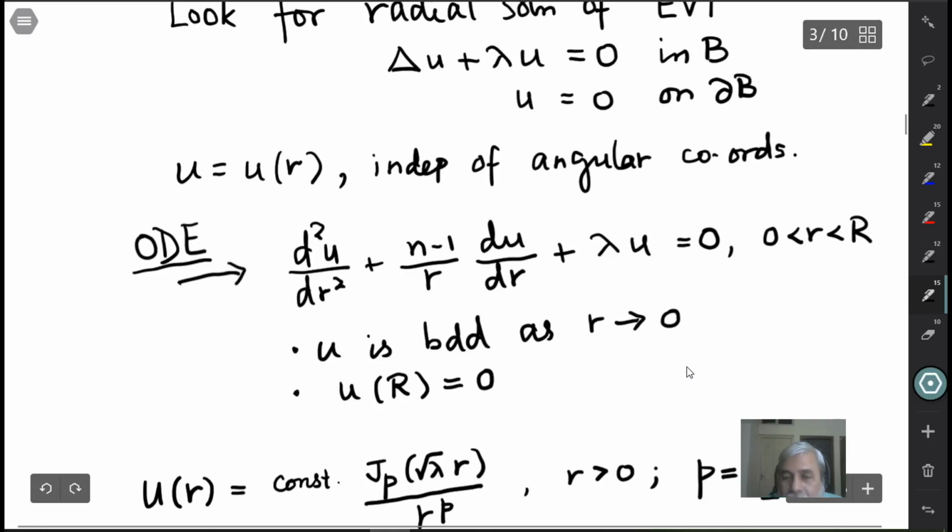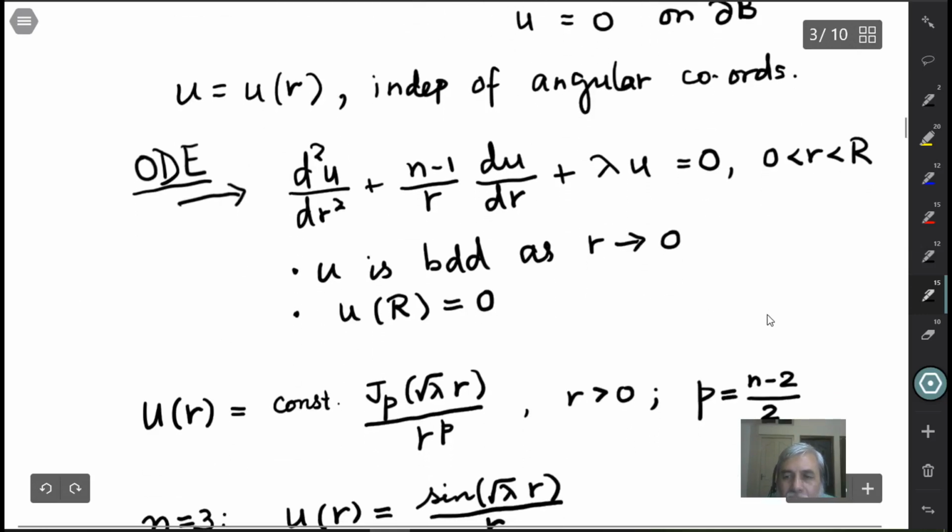So in the study of harmonic functions, this term was not there, so we could integrate this easily, and then we obtained the fundamental solution of the Laplace operator. But in this case there is a lambda, and lambda as we know is positive.